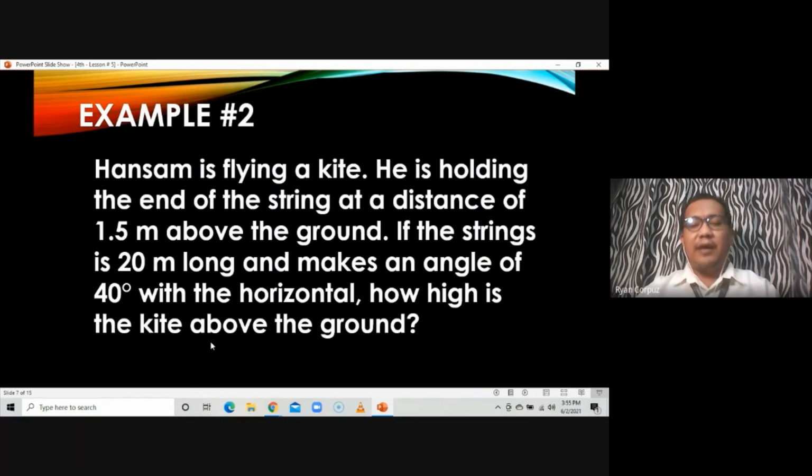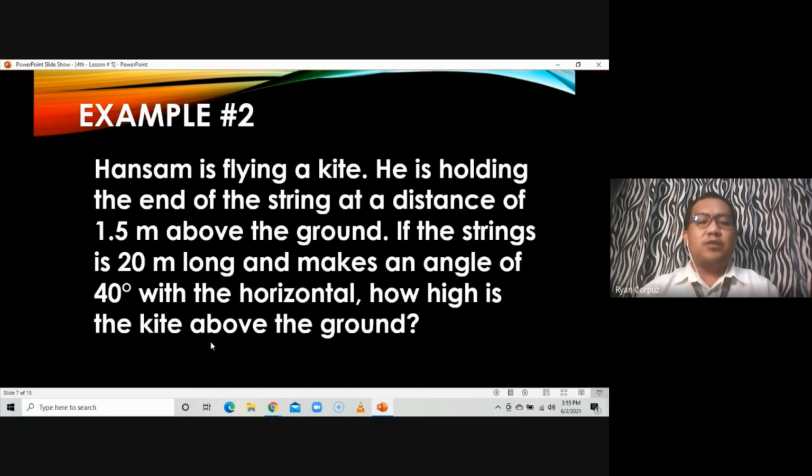Handsome is flying a kite. He is holding the end of the string at a distance of 1.5 meters above the ground. It's like his hand is raised, and his hand's height from the ground is 1.5 meters.